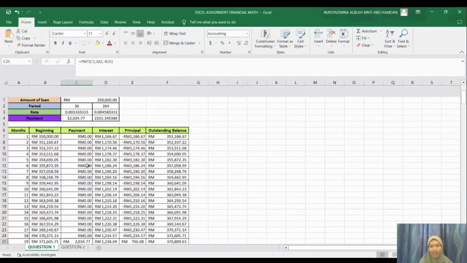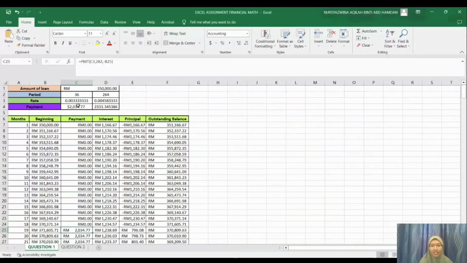We can calculate the payment by using the formula with C3, which is the rate, and the remaining period after we subtract the 18 months earlier, which is 282, and negative B25. B25 is the outstanding loan balance for the 18th month.